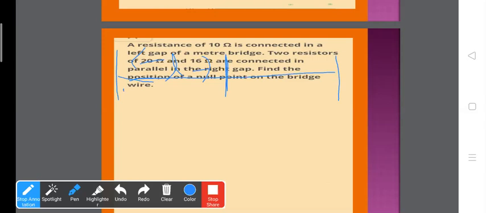This is the left end. Now you have to find the null point. So consider length L, which is from the left end.